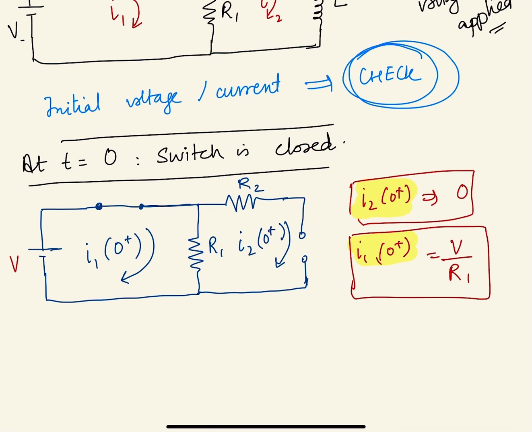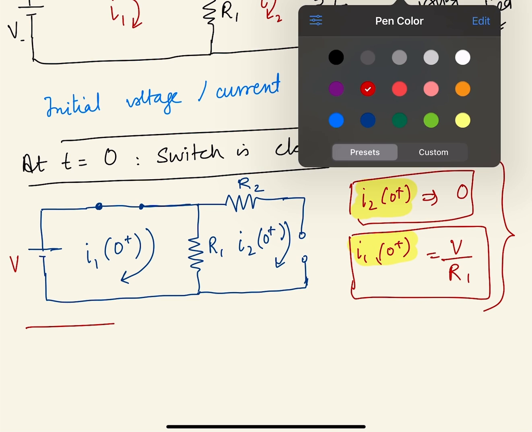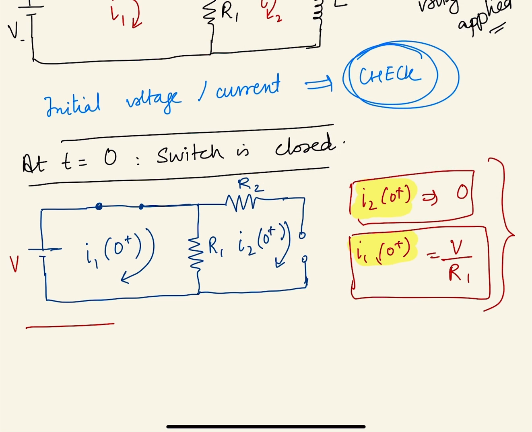Okay, now what are we supposed to do now? This is one step of the problem, right? This step is one part, where we got the initial values. Now this capacitor, let me draw a capacitor here with a different color.